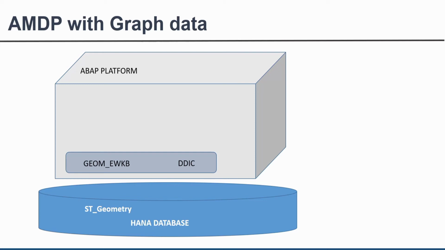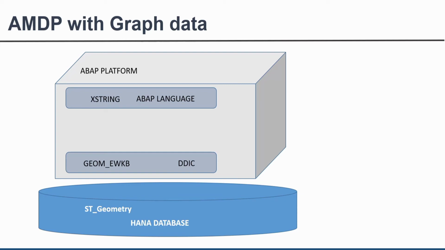This data type you can use in the data dictionary. That means if you want to create any database object through the data dictionary in ABAP, you can use this data type, which will represent the ST_GEOMETRY data type in the underlying HANA database. The same data type is used in the ABAP language as xstring.